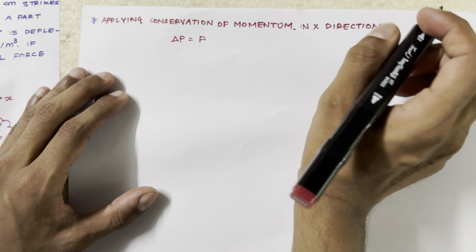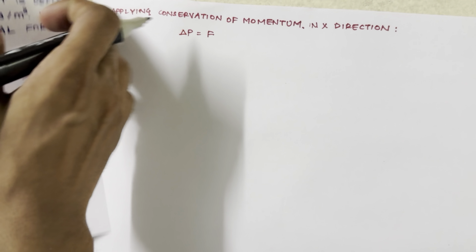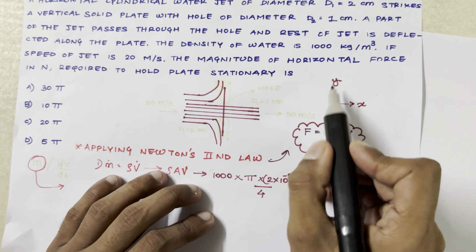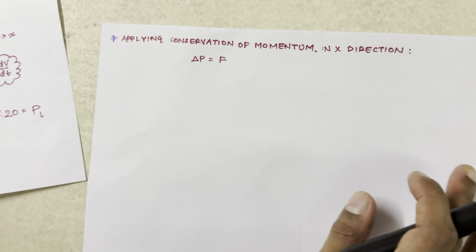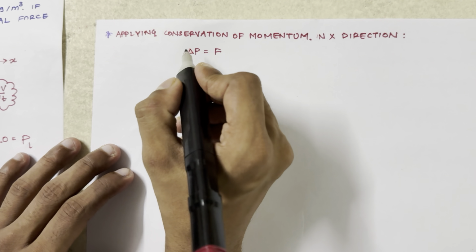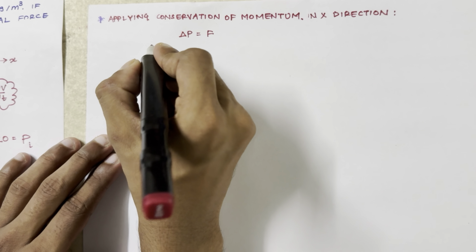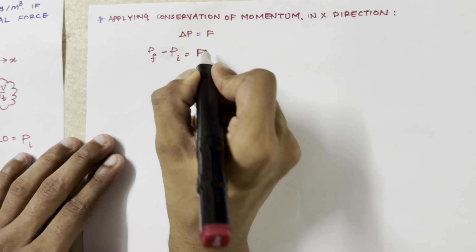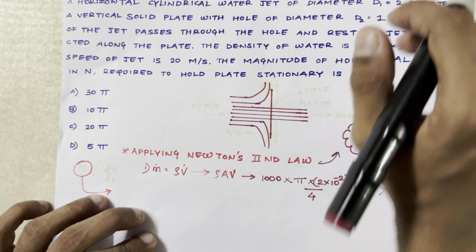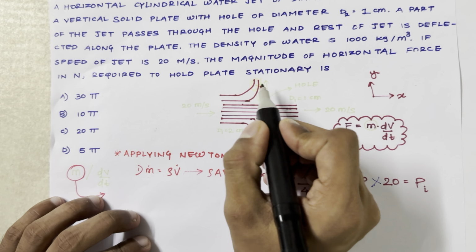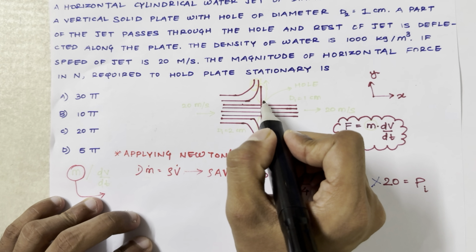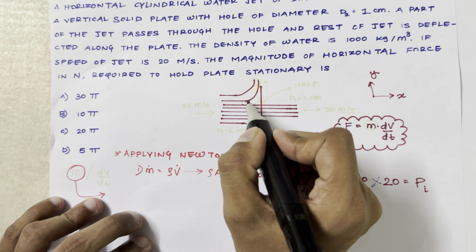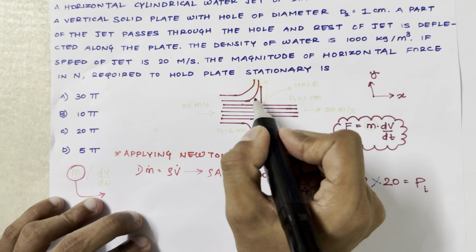So we balance it over the x direction, and I define my coordinate system as this being the x direction and this our y direction. This delta p can be written as p final minus p initial, which is equal to F. The final momentum, the moment at which it strikes, is 0, as the mass is diverted into the upward direction.